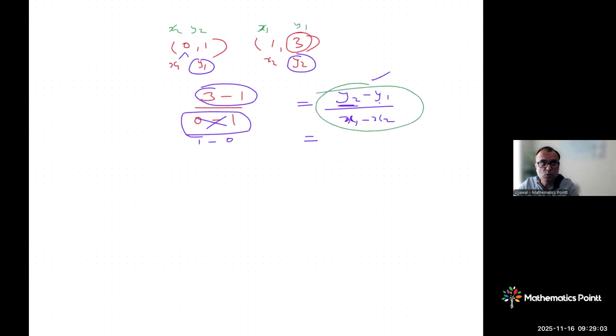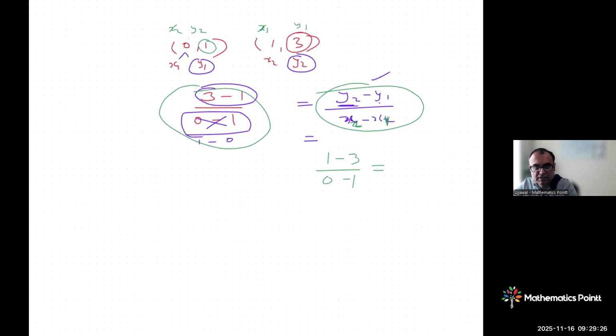Now my y2 is a 1 here. 1 take away 3 over x2 minus x1. x2 is 0 take away 1. So see, I've swapped the coordinates.